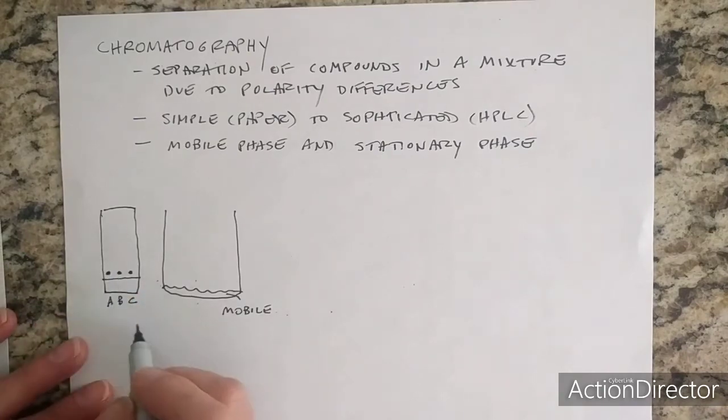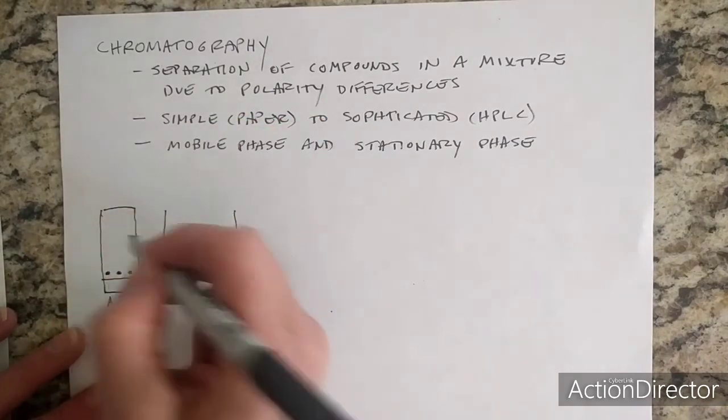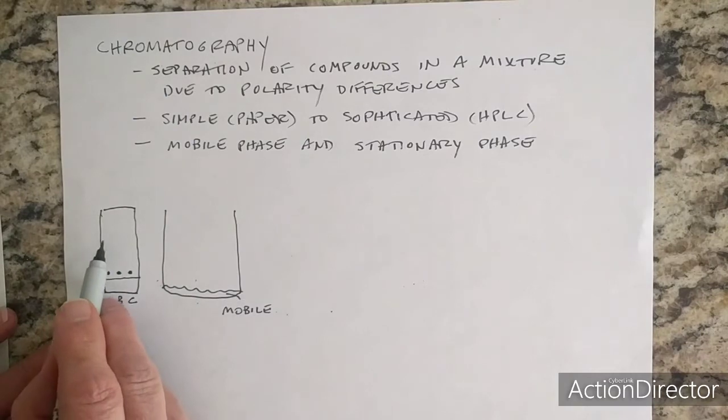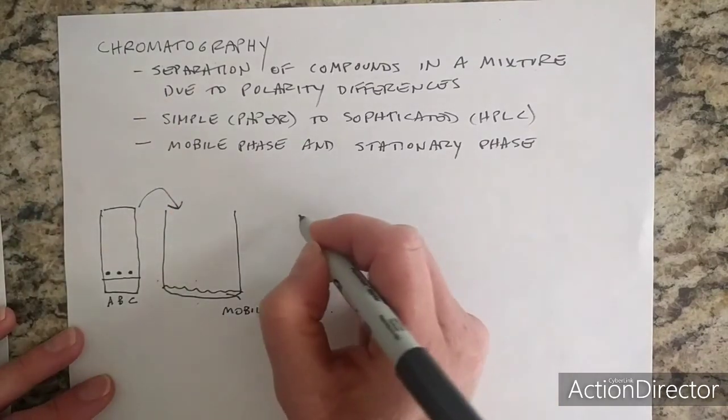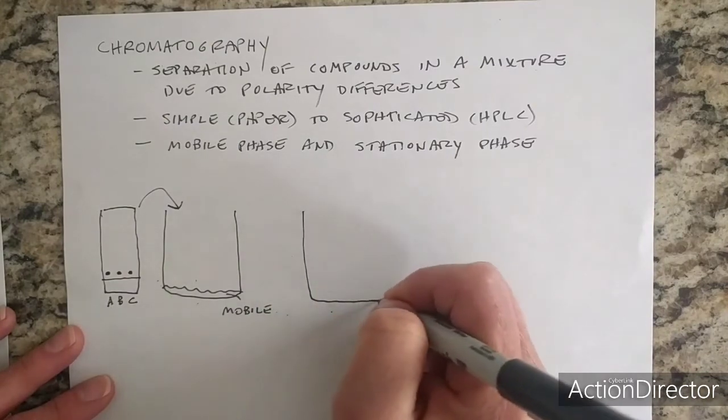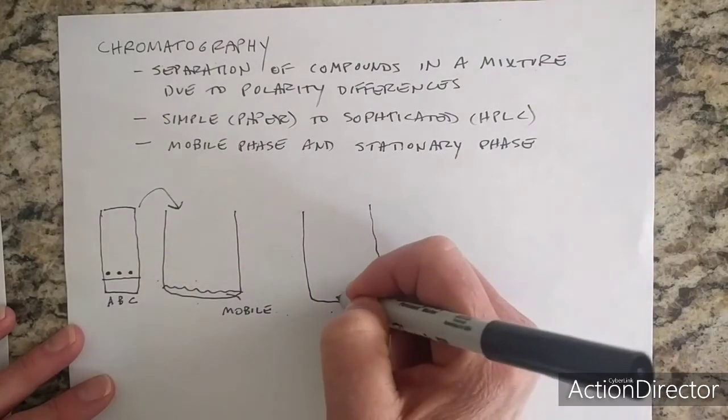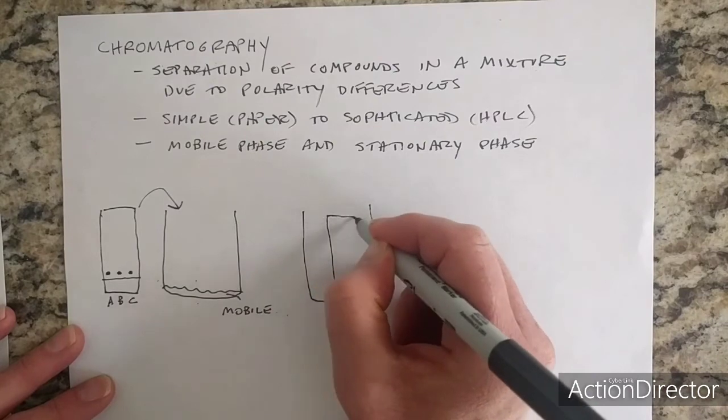So what we're going to do is put our paper, so this is our paper with our stationary phase, into our beaker.